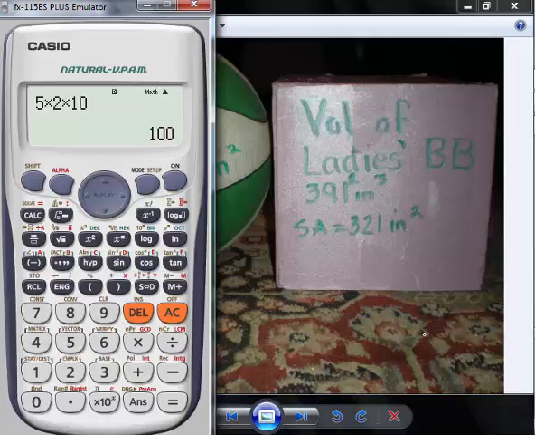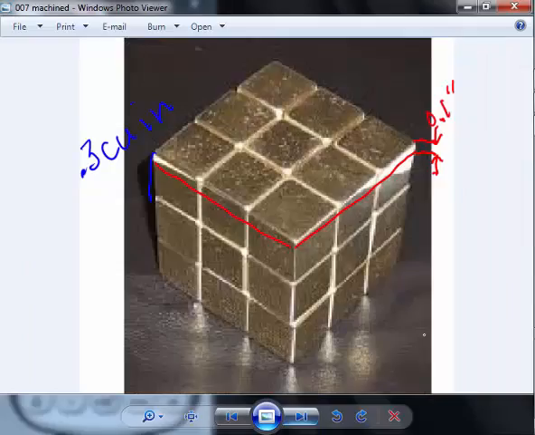So if I take the cube root of 391, I get each side is 7.31 inches. So if I take 7.31 and square it and multiply that by 6, that'll be all 6 sides, which if you notice I say the surface area is 321.